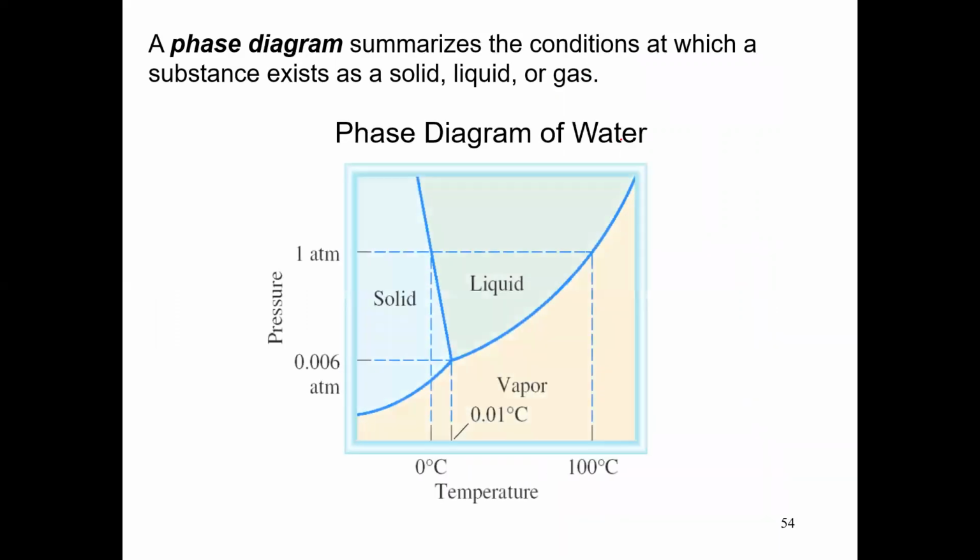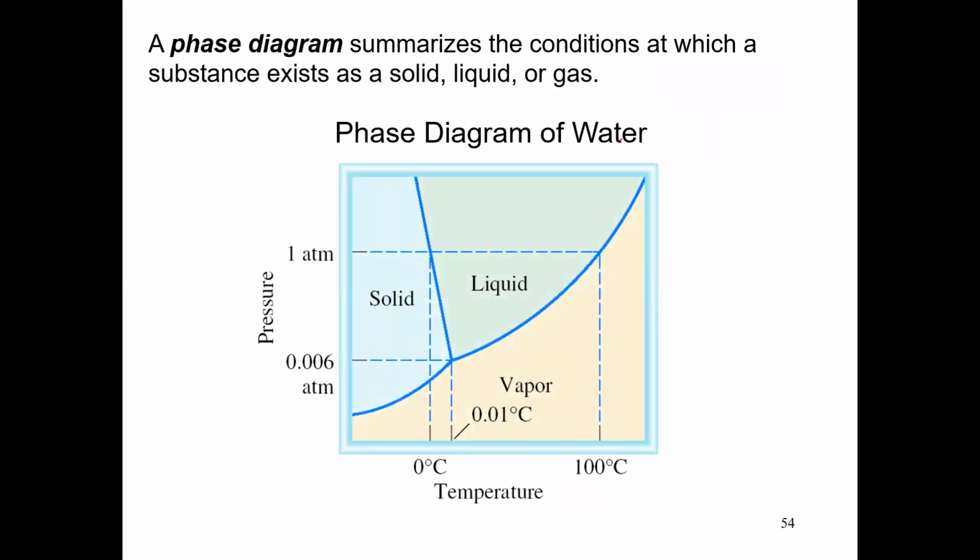The phase diagram looks at the conditions in which a substance exists as a liquid, solid, or gas. And for example, with water, the thing that's interesting is that at 1 atmosphere you've got a solid and liquid, but if you increase the pressure at 0 degrees C, this will liquefy the water. And that's where you have ice skating.